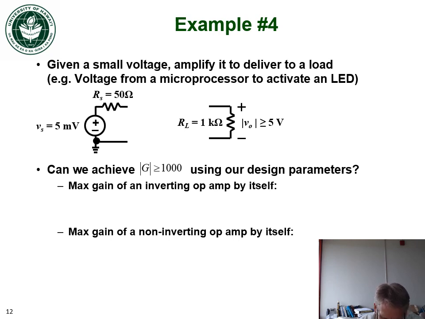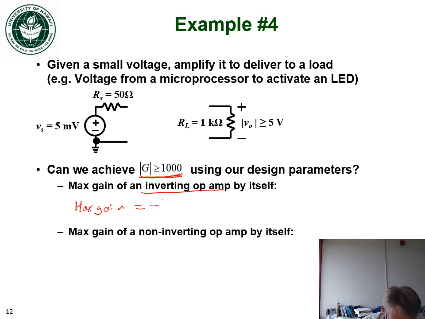So we need a gain of 1,000. Question is, can an inverting op amp by itself do that? So the max gain of the inverting amplifier, we're using the inverting op amp.